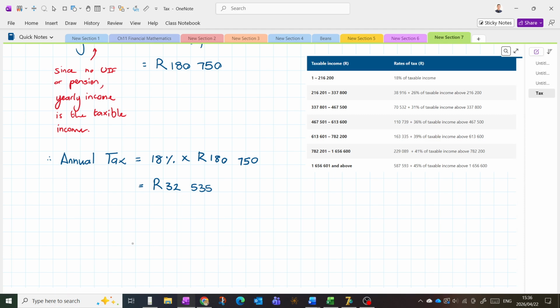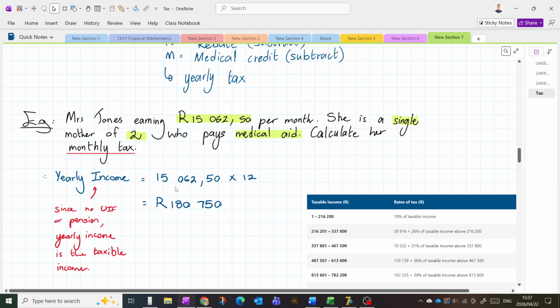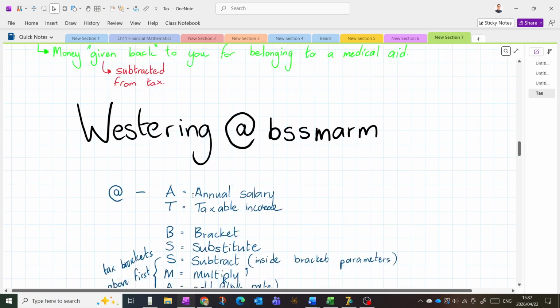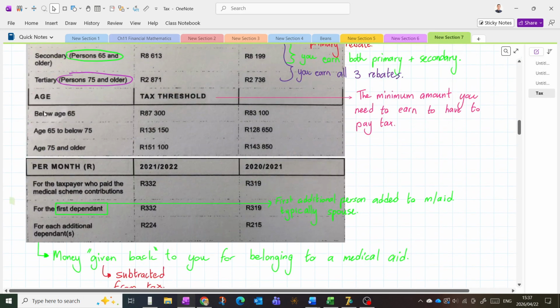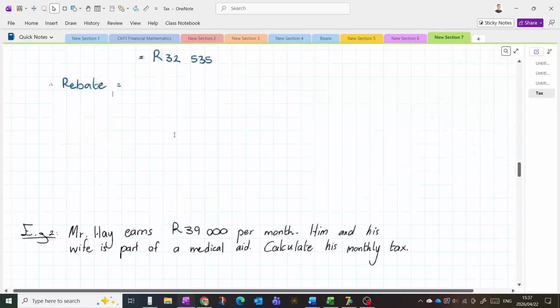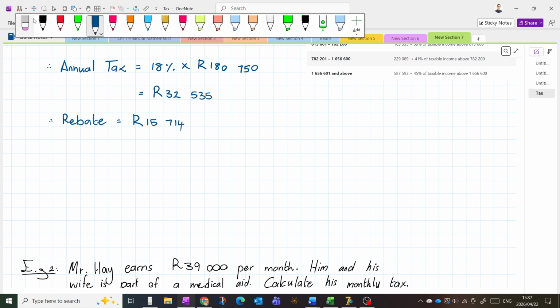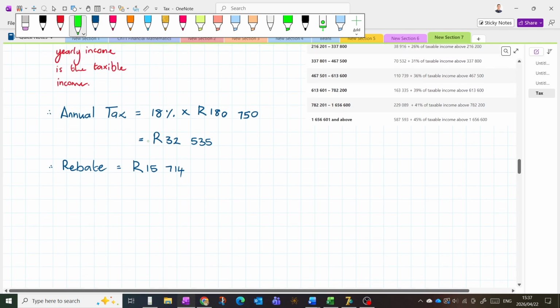So firstly, let's list a rebate. Now they didn't give you her age, so we're going to assume she's under 65. So I'm going to use her rebate here as 15,714 Rand. So let's just make some notes here.